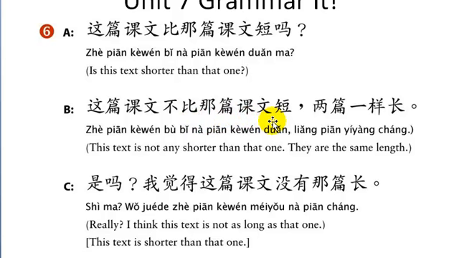Okay, it's not shorter. 两篇一样长, both are the same length. 是吗? 我觉得这篇课文没有那篇课文长. Okay, so really, I think that this text is not as long as that text.